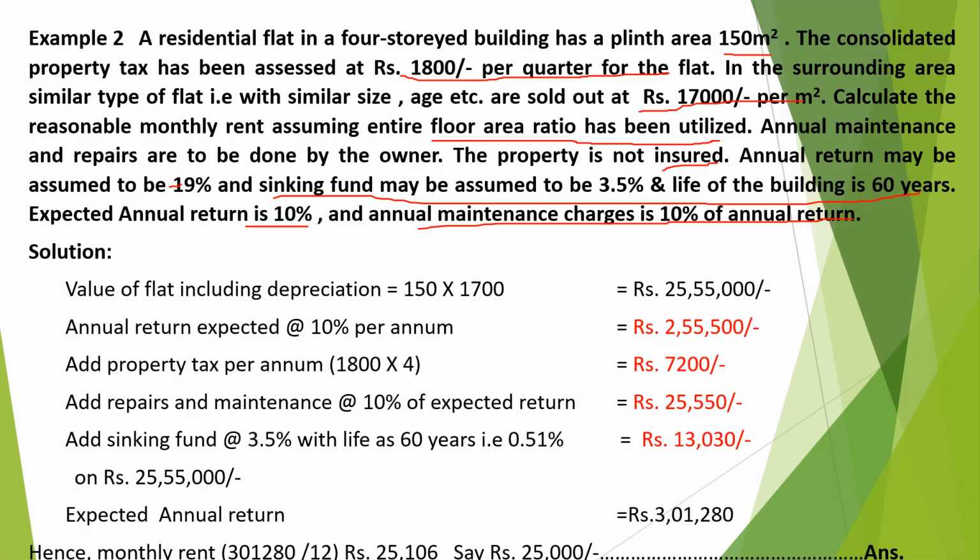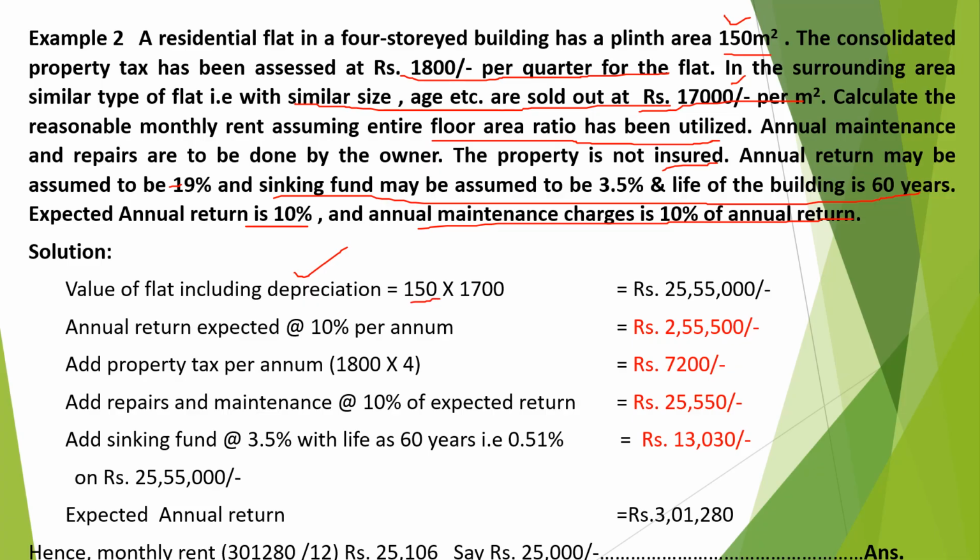Now see here, the size of the flat is 150 and the rate is already for similar size, age, etc. It means this rate is already a depreciated rate, because age and size are already considered here. So it is a depreciated rate per square meter.